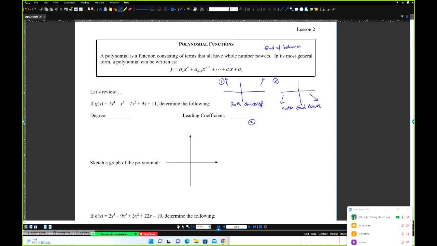Sometimes it's right up, left down. So, right up, left down. Or the fourth is what? This is down, this is up. We have four different cases. Okay, end behavior. How do we check this one?